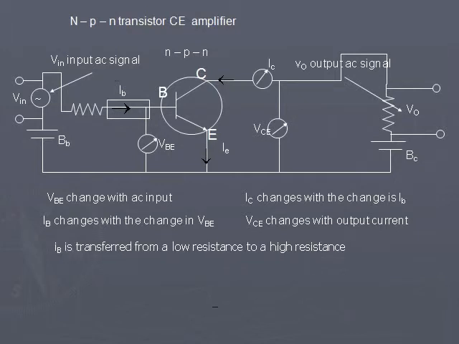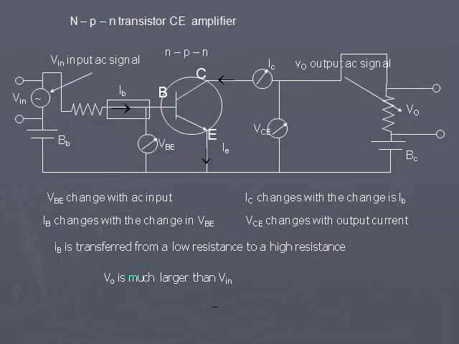So this is how the input signal is initially given to a low resistance, because emitter junction is forward biased, its resistance is very low. So this gives a small current. Thus that current will be amplified because it is transferred to a large resistance.